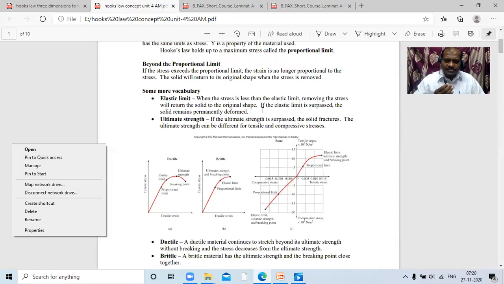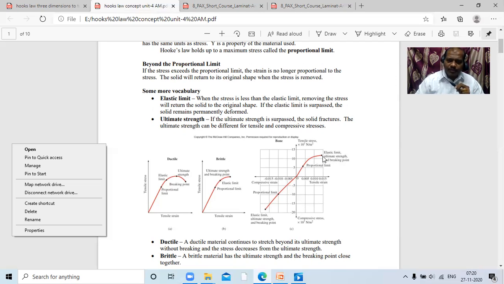Fourth, the ductile material gives a warning before it fails, after its ultimate strength also. That is the fourth conclusion. Based on the graph, we can conclude that the graph drawn is for the brittle material.